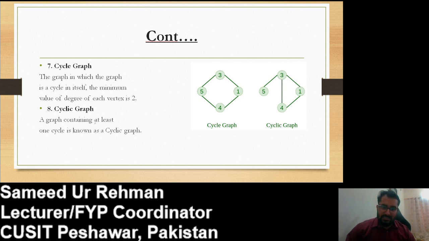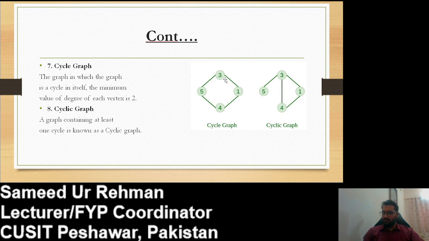The next one is cycle graph and cyclic graph. Cycle graphs are those graphs in which every node is connected in a loop, and the other minimum requirement is the value of the degree of each vertex. Now, what is meant by the degree of each vertex?